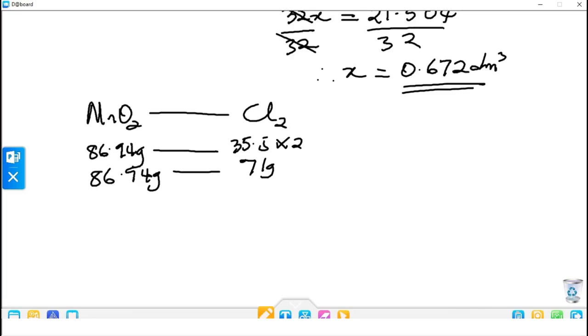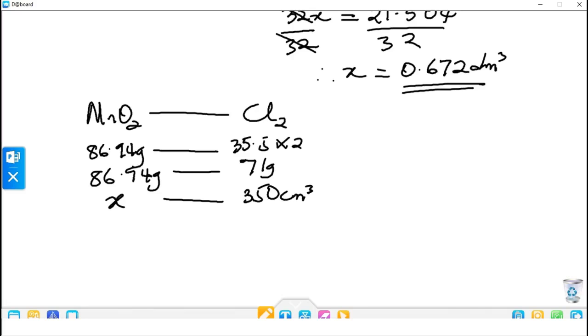Now the question says, what mass of MnO2 do we need to produce 350 cm³ of chlorine gas?